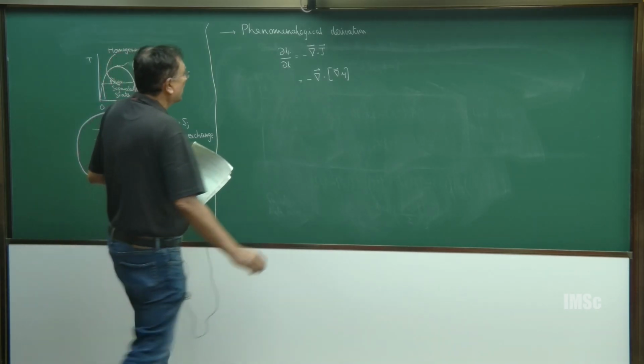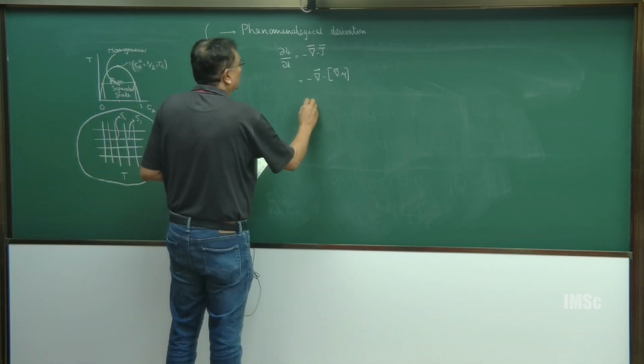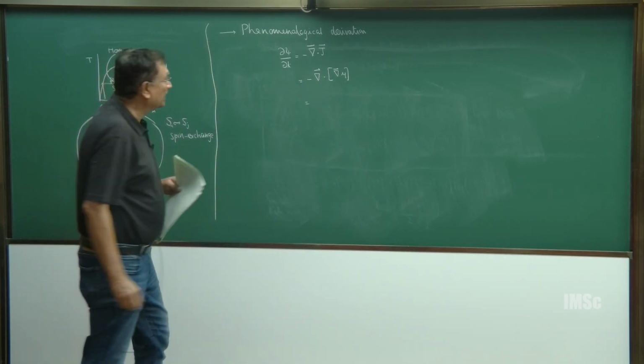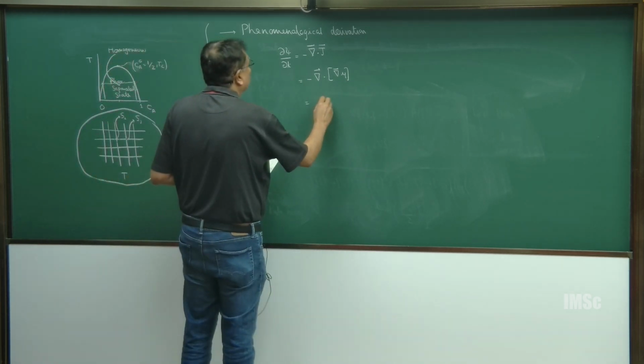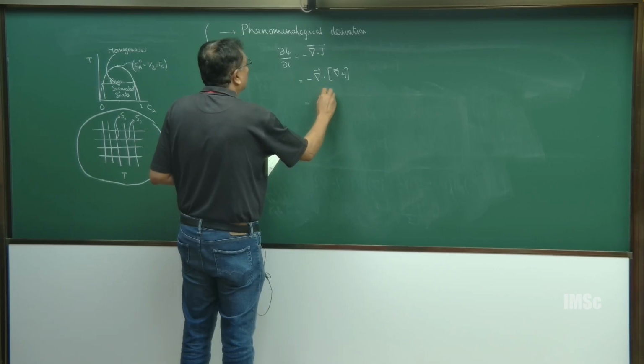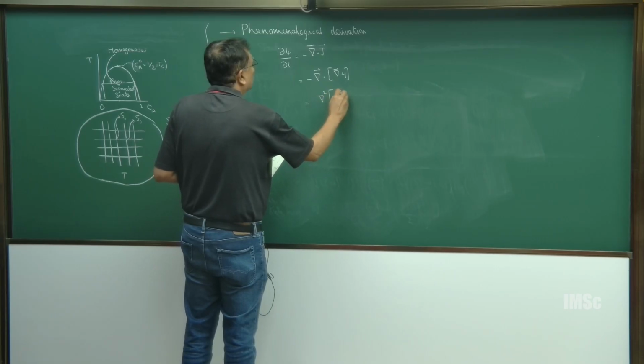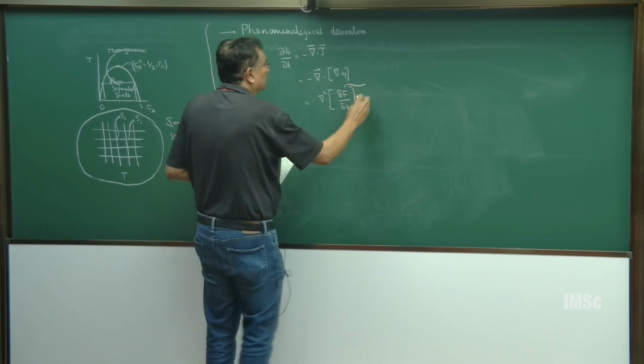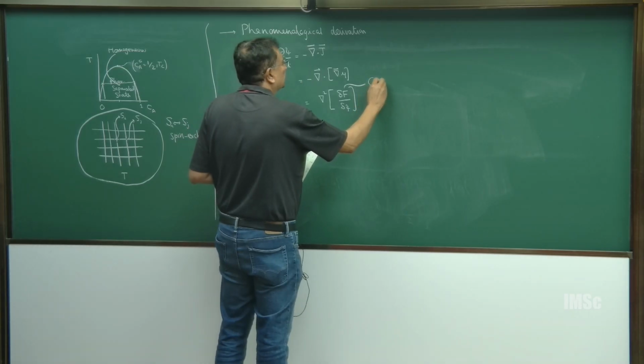And the chemical potential is interpreted as the functional derivative of f with respect to psi, so that is del squared del f over del psi, where f is just the Ginzburg-Landau free energy.